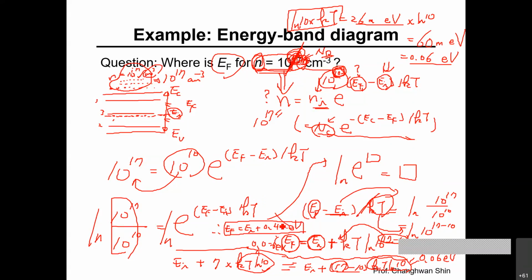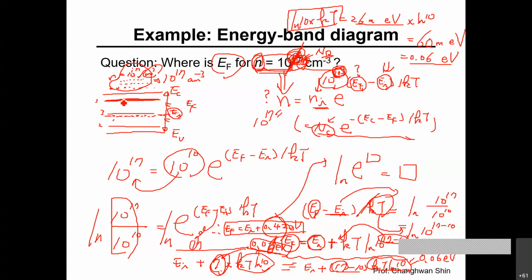Okay, so remember this number. Where does it come from? 6 times 7. The doping concentration is 17, so take out the first digit. So 7 times 0.06. Remember this number, then you will get the position of the Fermi energy level.